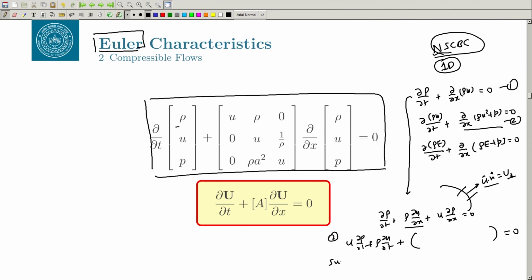Okay, subtract equation 1, and you will get an equation which becomes du/dt plus u ∂u/∂x plus 1/ρ ∂p/∂x equal to 0, which is what is given here by the second equation.